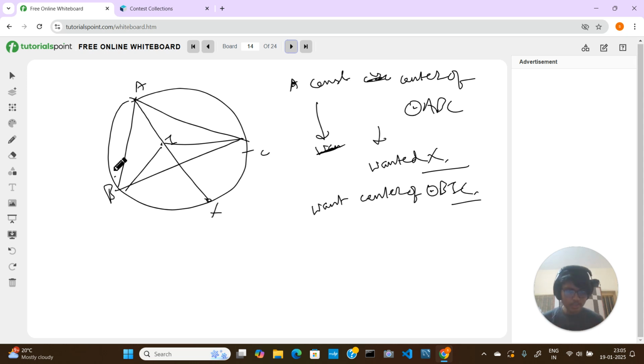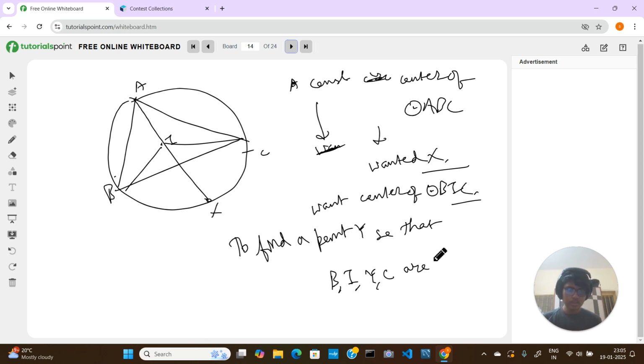What we can target is to find a point Y so that B, I, Y, C are known to be cyclic. If we can do this, then we can easily finish our problem.